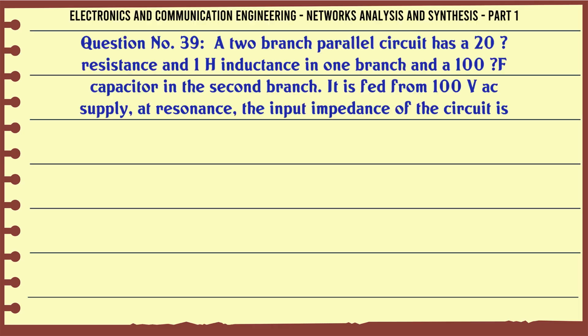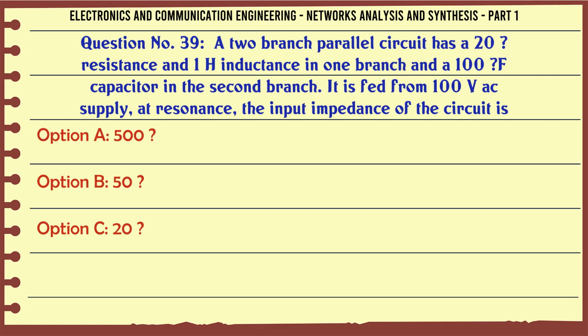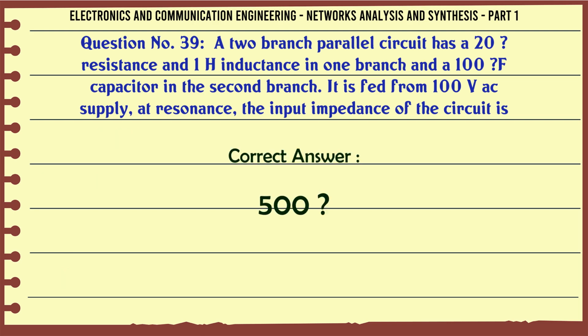A two-branch parallel circuit has a 20 resistance and 1 H inductance in one branch and a capacitor in the second branch. It is fed from a 100 V AC supply at resonance. The input impedance of the circuit is A 500, B 50, C 20, D 5. The correct answer is 500.